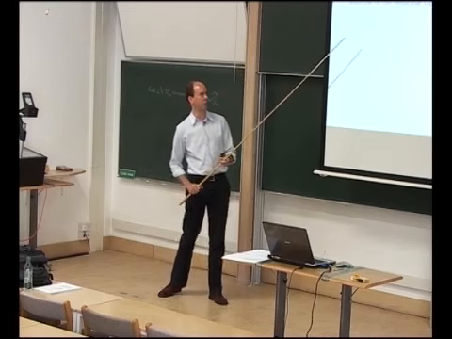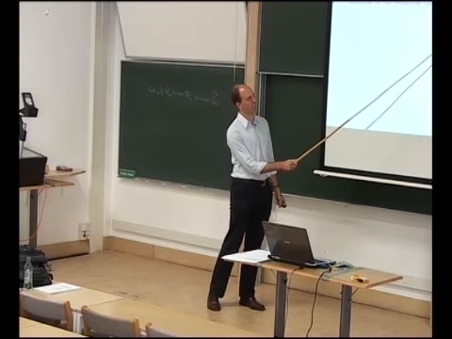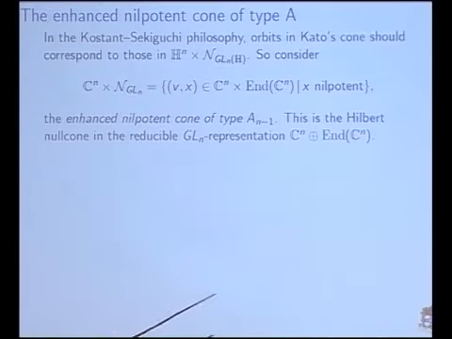So that just consists of pairs of a vector in an n-dimensional space and a nilpotent endomorphism of that n-dimensional space. So this is the Hilbert null cone, again, of a reducible representation. If you take the vector representation direct sum the Lie algebra for GLN, then you get this enhanced nilpotent cone.